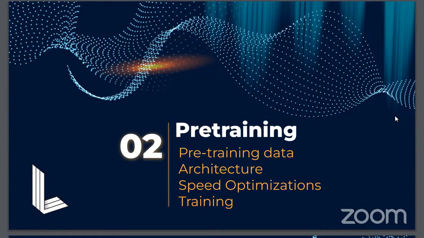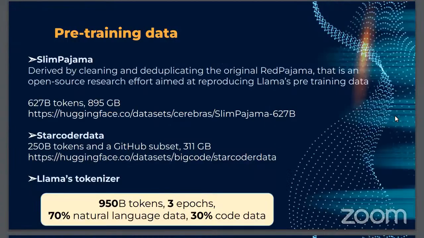Right. So now we'll discuss how the TinyLlama model was pre-trained. First, we'll check what makes up the pre-training data. The TinyLlama model was trained on two distinct datasets. One is the SlimPajama dataset, which was derived from the original RedPajama dataset.